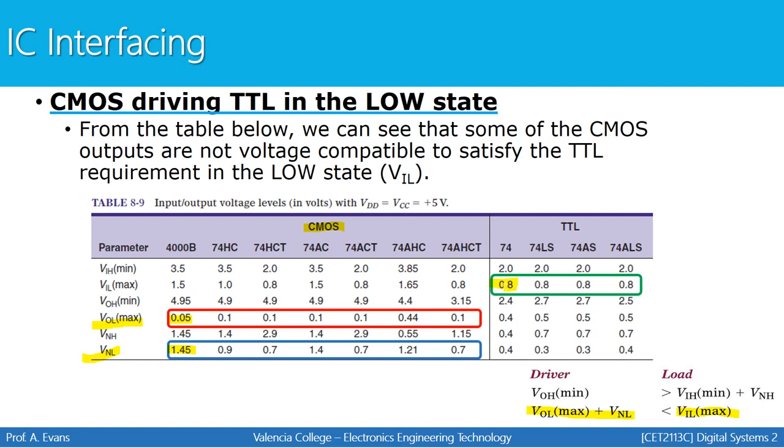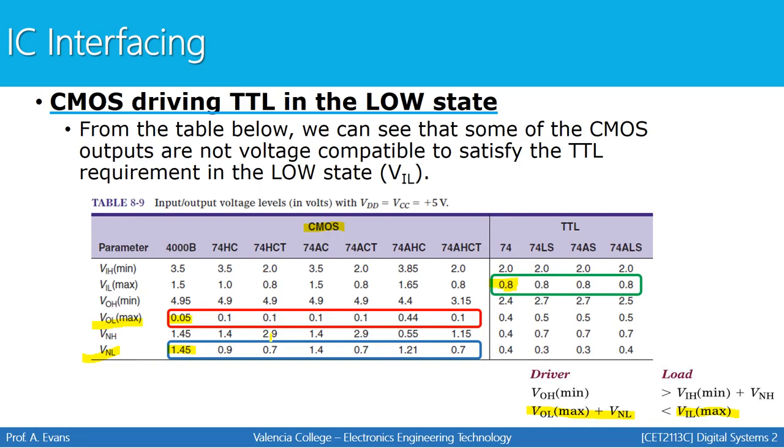The 74 part number can only accept a maximum of 0.8 volts if this input is going to be considered a low. The 4000B is going to send way more than that. It's going to send like 1.5 volts. Way too high. That's a case where an interface will definitely be needed.